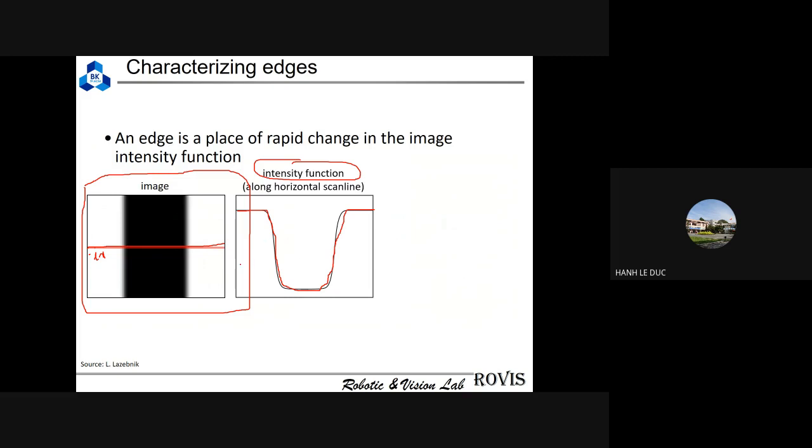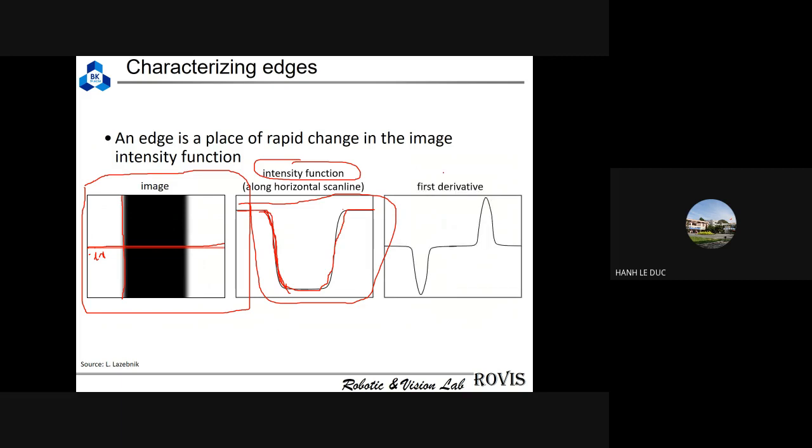But if we use this one to determine where the edges are, it is a little difficult because there is a lot of noise here, and this one is like the ramp, so it is very difficult because the change is rapid, so we don't know. So normally we use the first derivative.